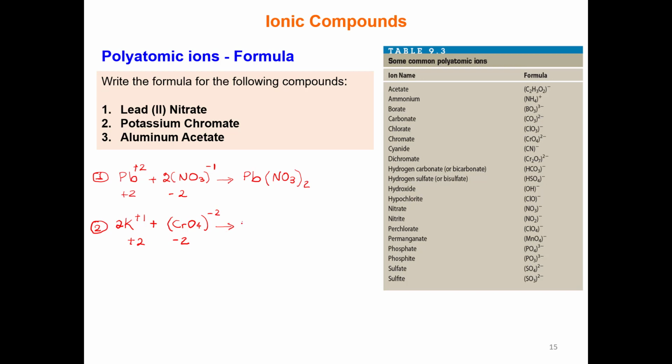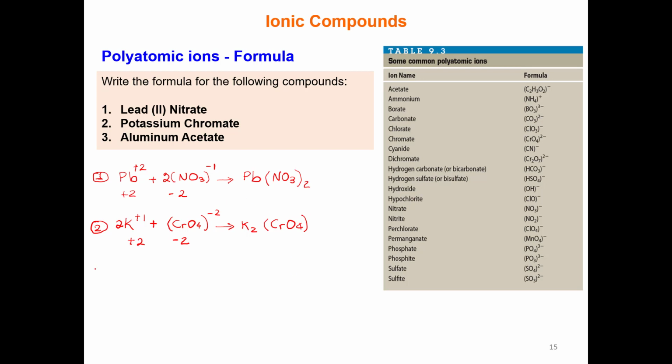Then we need 2 ions of potassium, and we will write here the subscript, and then we will write the formula for the polyatomic ion. Then this is the formula for the ionic compound potassium chromate.